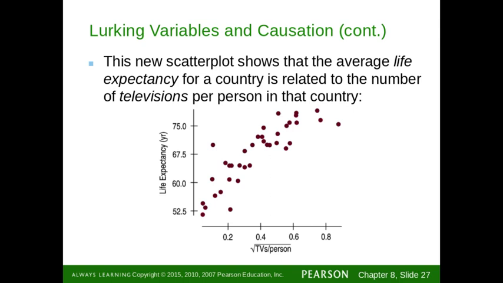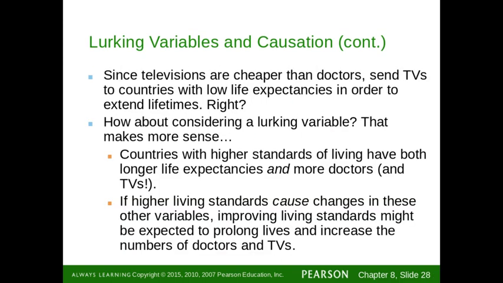If you have more money, you'll have more doctors, more education, the more developed the country is. Well, the more developed the country is, the more TVs you have. So what they're saying is you could argue that you just need to buy a bunch of TVs for third world countries and they'll live longer. Okay. So since televisions are cheaper than doctors, send TVs to countries with low life expectancies in order to extend lifetimes. No. How about considering the lurking variable?